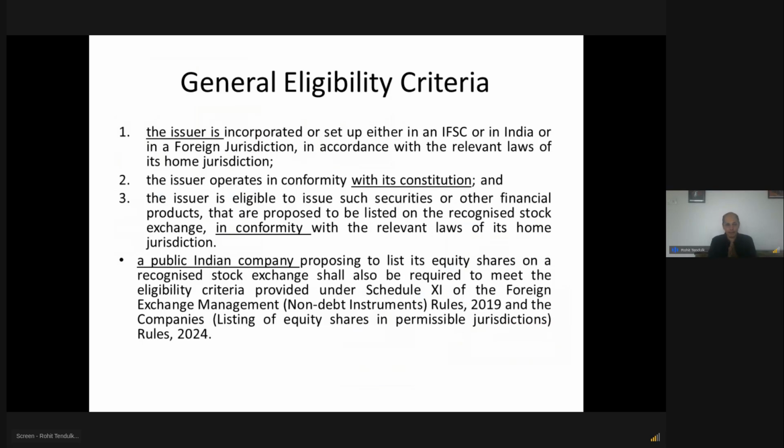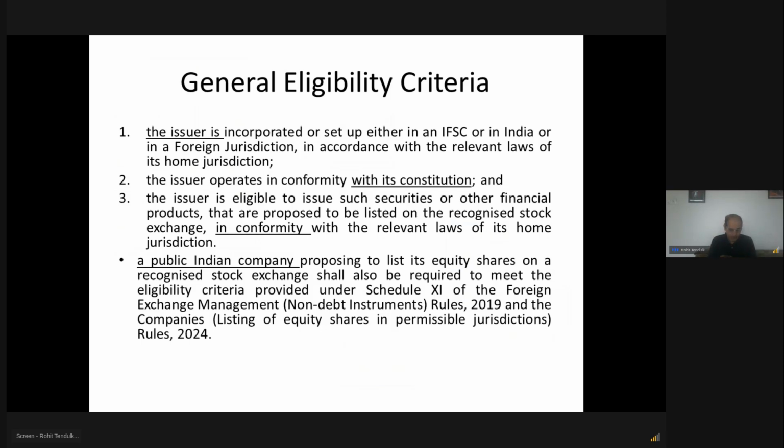General eligibility criteria. The issuer is incorporated or set up either in an IFSC or in India or in a foreign jurisdiction in accordance with the relevant laws of its home jurisdiction.